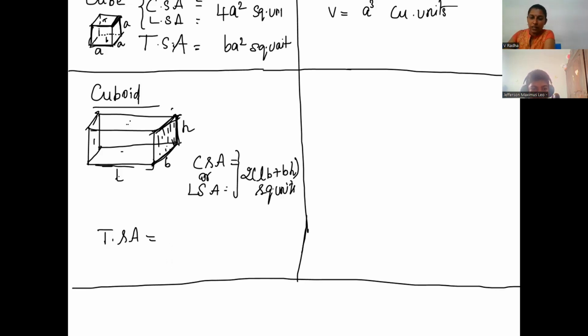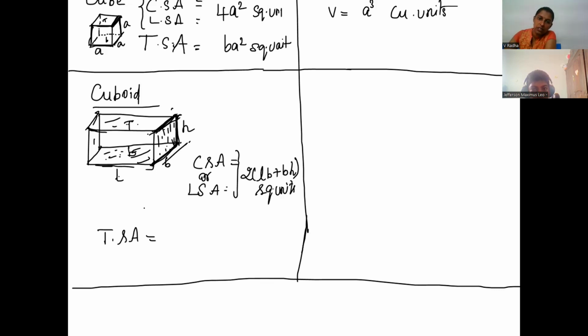The top and bottom are covered. This is the top face and this is the bottom face. Both have the same dimensions. This is length, breadth. So the breadth side is similar here.